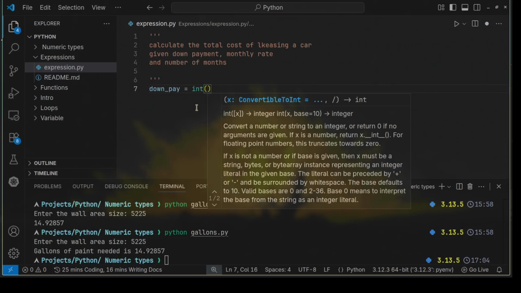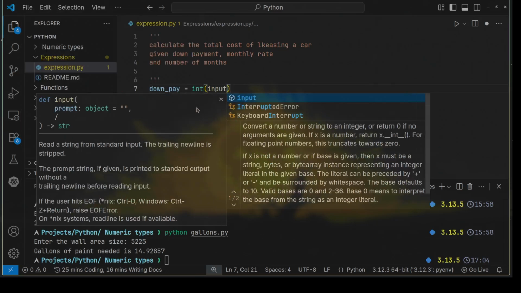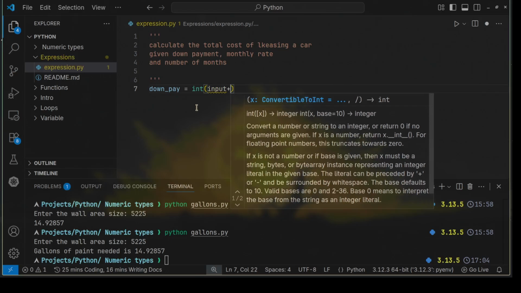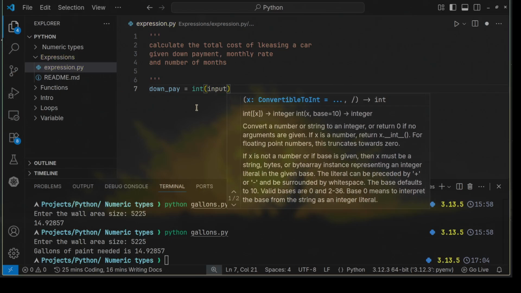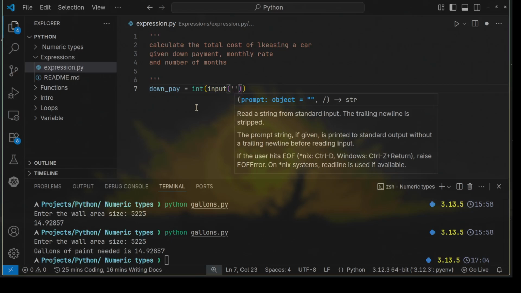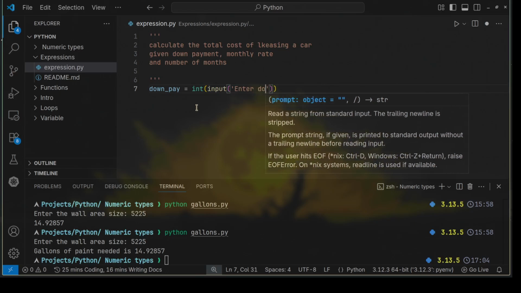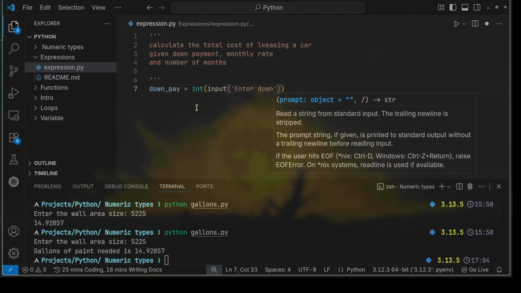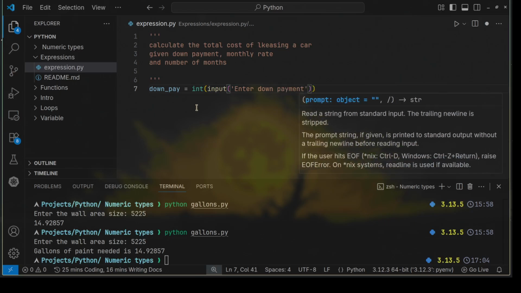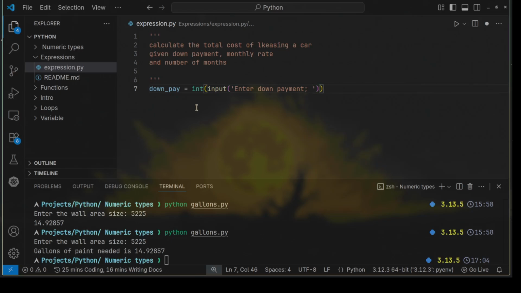So we're going to have an input, where we ask the user to enter down payment. So first get the down payment from the user, then store it in a variable called down pay.